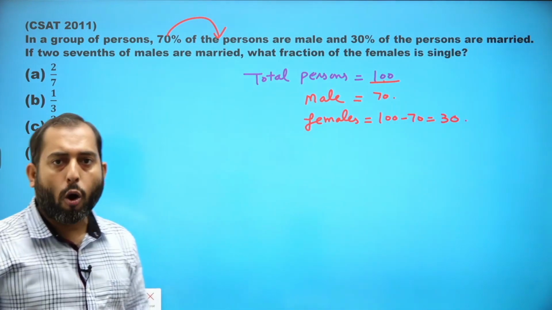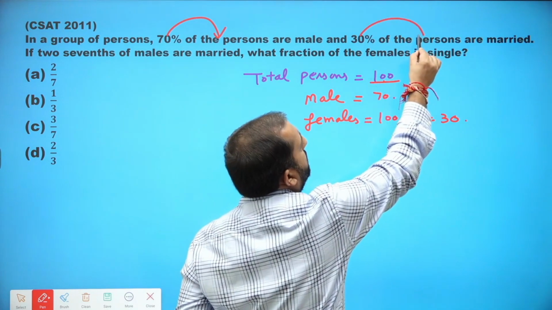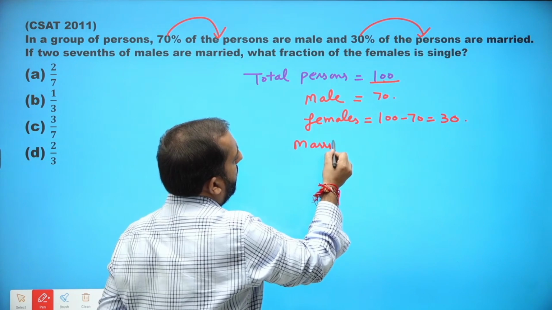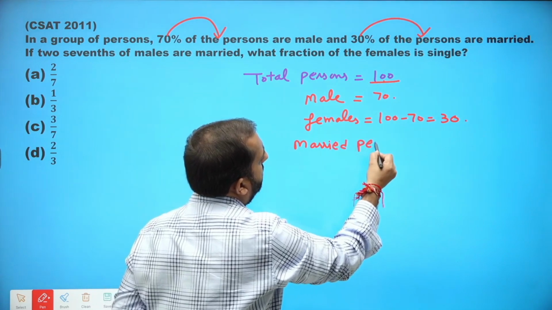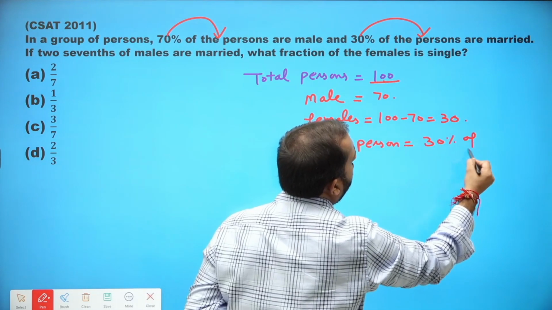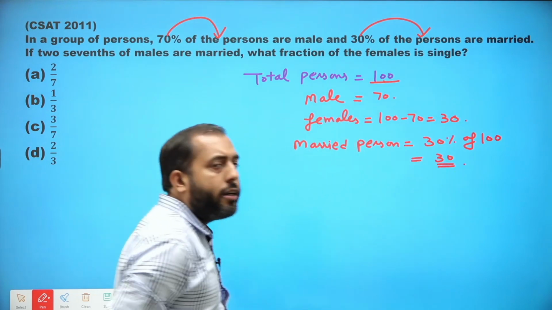I hope there is no doubt in it. The next statement says 30% of the persons are married. So married persons are 30% of the total, which is 100. So 30 persons are married.